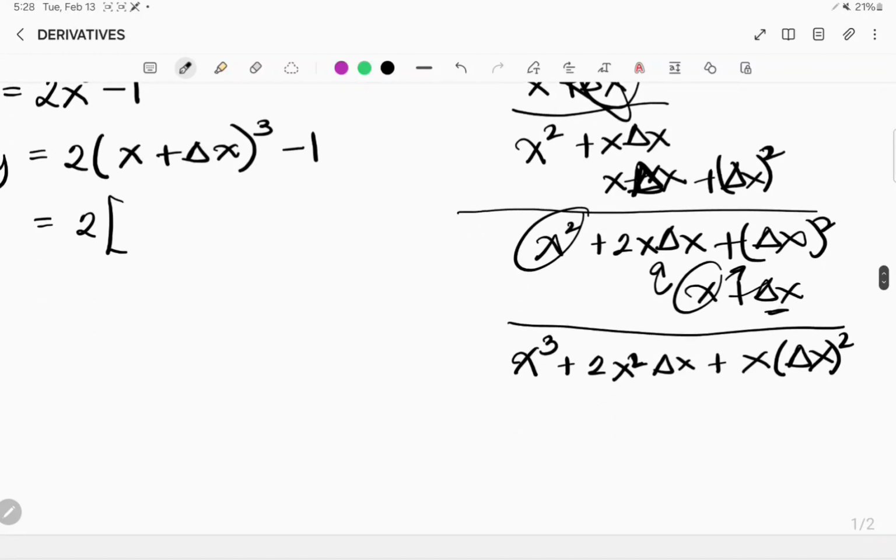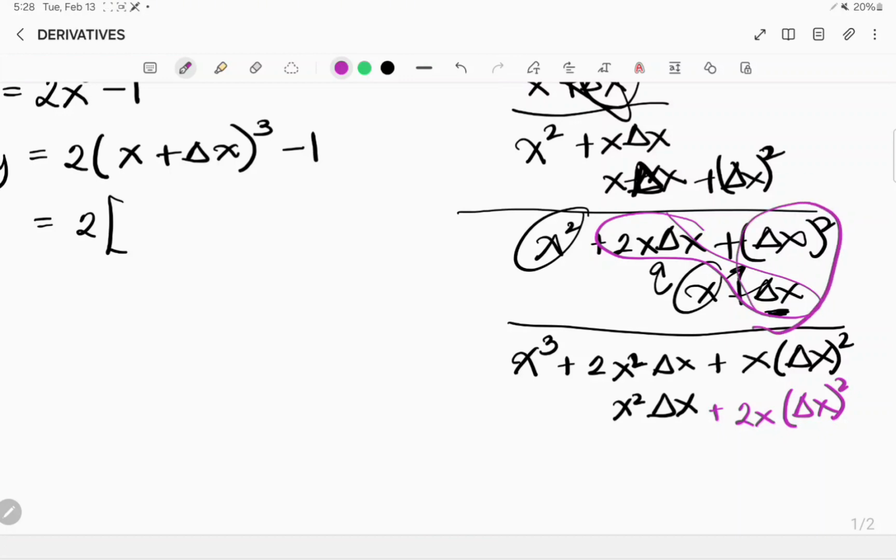Then we are now on the second multiplier, change of x. So we have x squared change of x, and then plus 2x change of x squared, and then this one is plus change of x cubed.